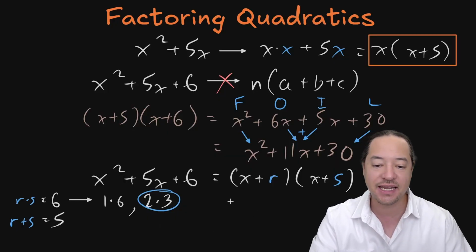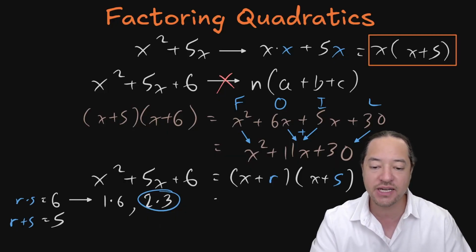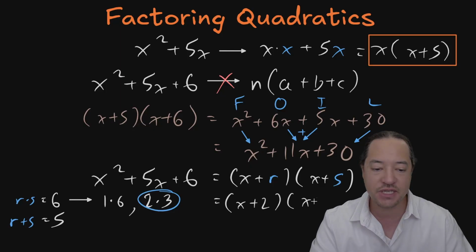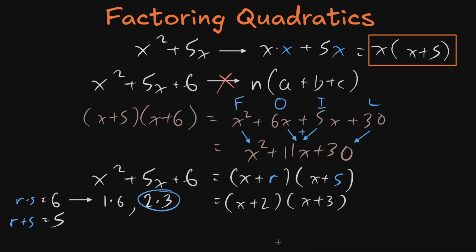So what I'm saying is that we should be able to break this down into x plus 2 times x plus 3, with these as the values for R and S. And if we were to FOIL this out, what would we get? We would get x squared plus 3x plus 2x plus 6. And this becomes x squared plus 5x plus 6. So that works.